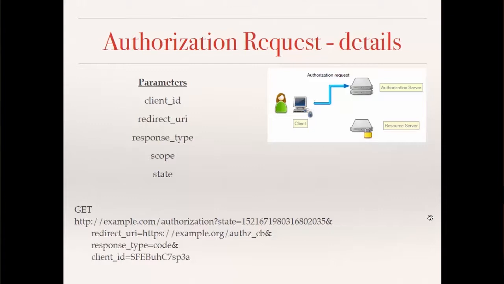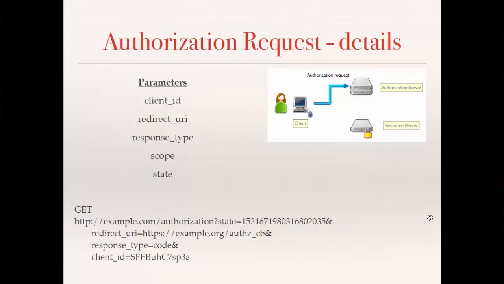You have a response type, which describes how the process is going to happen. As you may have heard before lunch, there are 4 different flows. So this is where you pick which flow to use. There is scope, which was also talked about earlier. It's what you want to do with the resource.